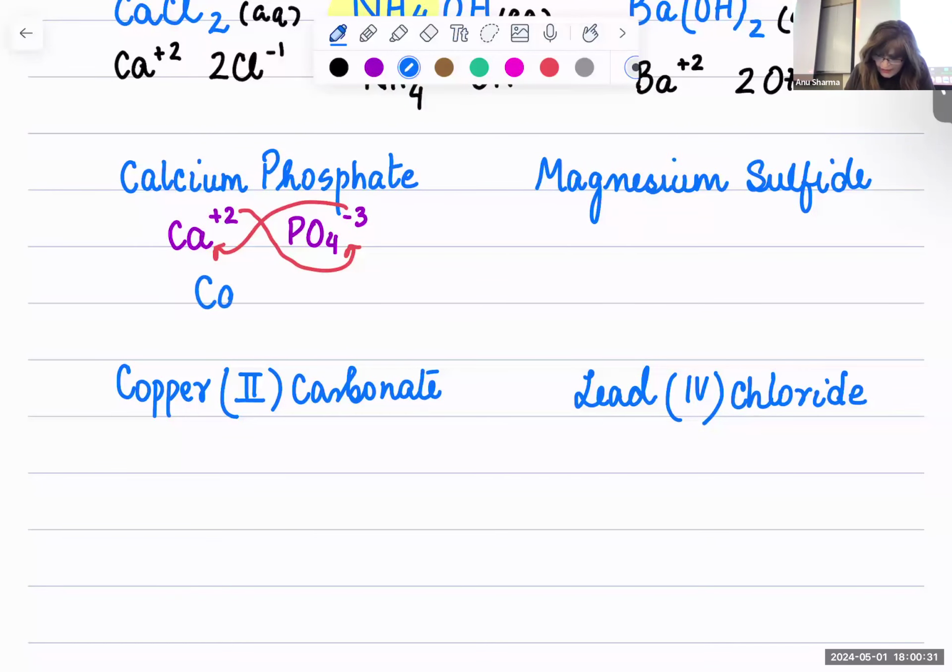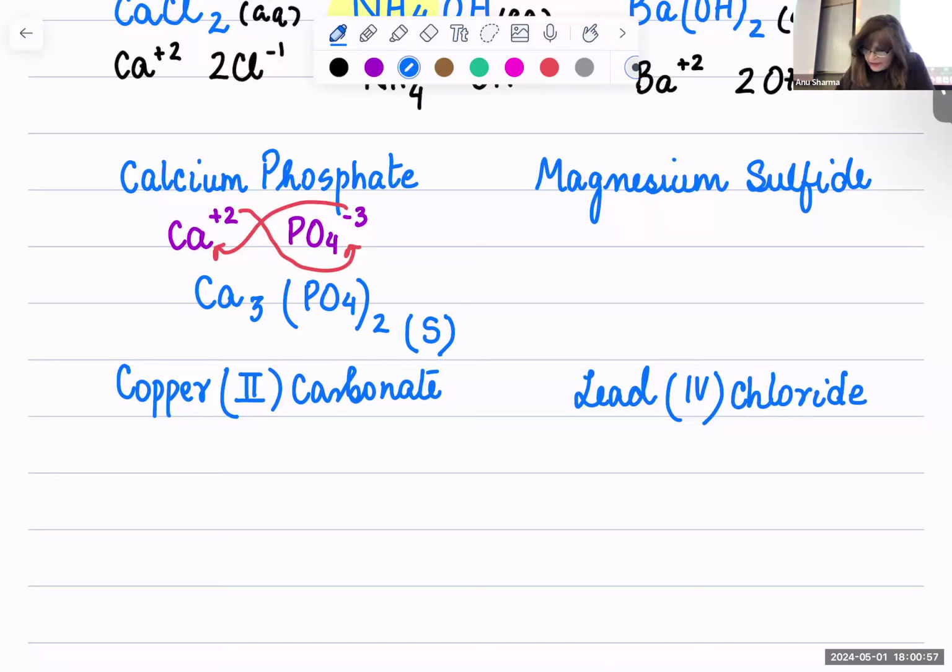Ca3(PO4)2. So is this soluble or insoluble? What do you think? Insoluble. All phosphates are insoluble except group 1A, and calcium is not a group 1A.